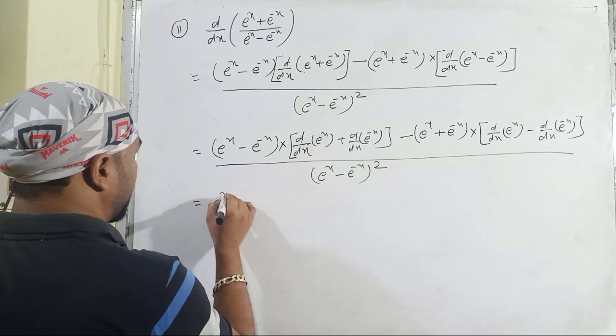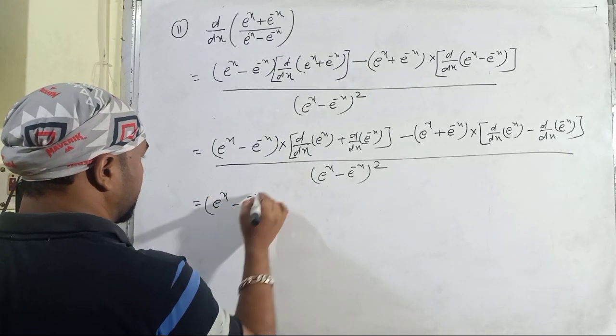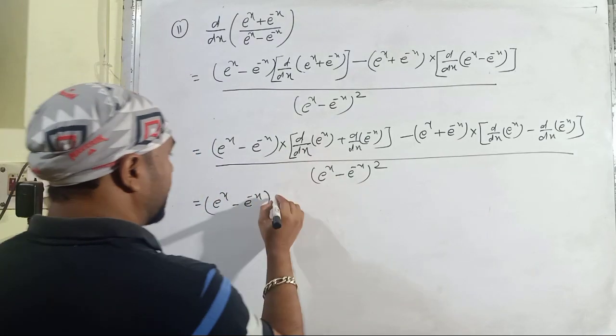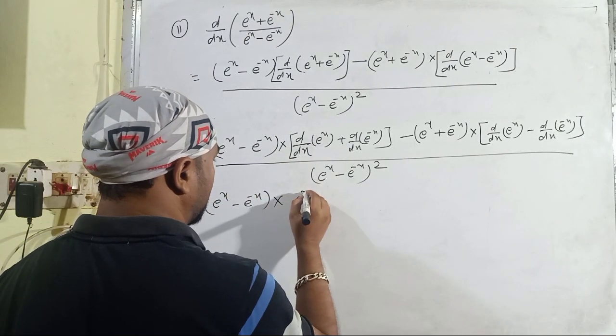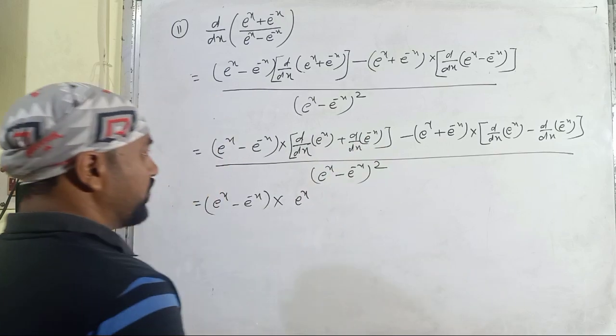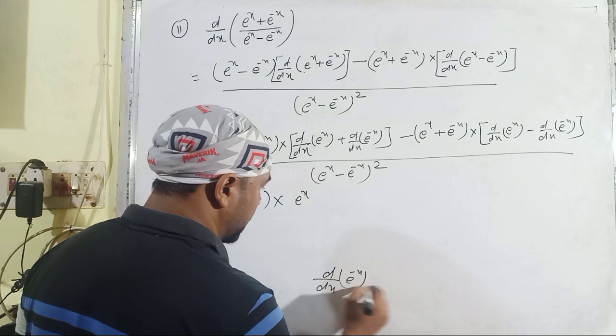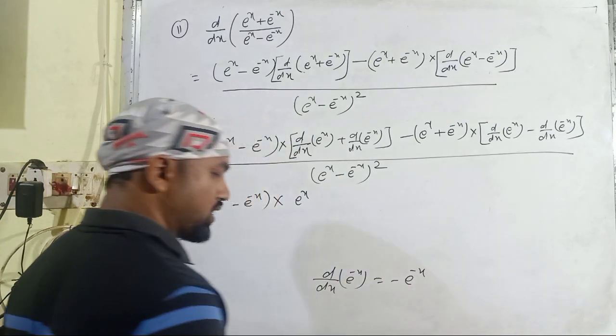So it will be e to the power x minus e to the power minus x multiplied with the differentiation of e to the power x, it is e to the power x. Differentiation of e to the power minus x, it is minus e to the power minus x.